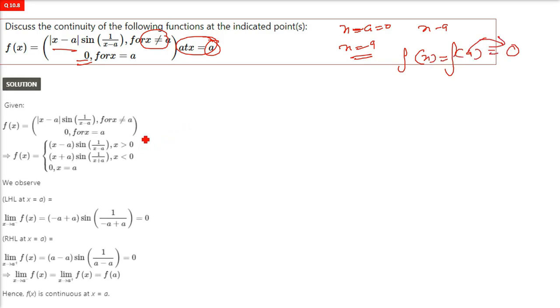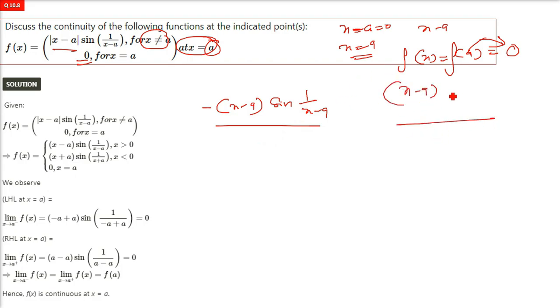Now we'll apply the left hand limit and right hand limit, and we'll just open this modulus. And when we open the modulus, as I said, it will be negative, x minus a and sine 1 by x minus a, because there is no modulus here. On the right hand limit, x minus a will be positive, sine 1 by x minus a.